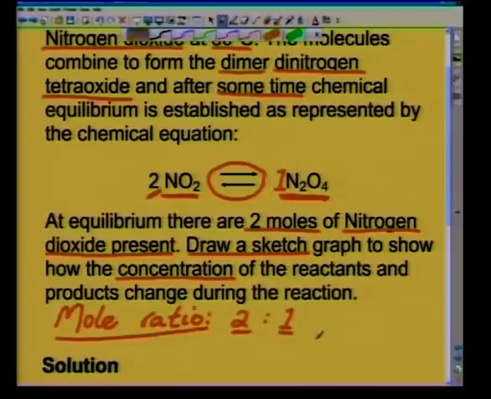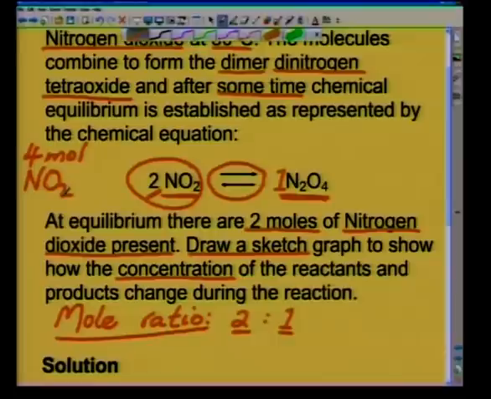Now, if I start here with nitrogen dioxide, I start with 4 moles. I start with 4 moles of nitrogen dioxide, and I'm told that at equilibrium, I'm left with 2 moles.